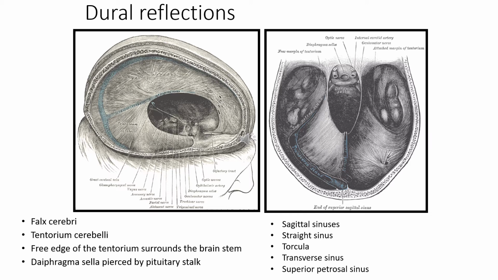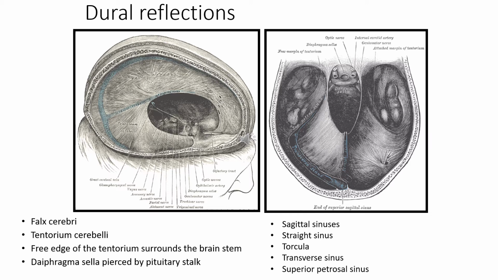So once we have a confluence of the superior sagittal sinus and the straight sinus, then these drain on either side at the root of the tentorium cerebelli as the transverse sinuses, and these are then going to drain into the sigmoid sinus, and then they're going to form the internal jugular vein.